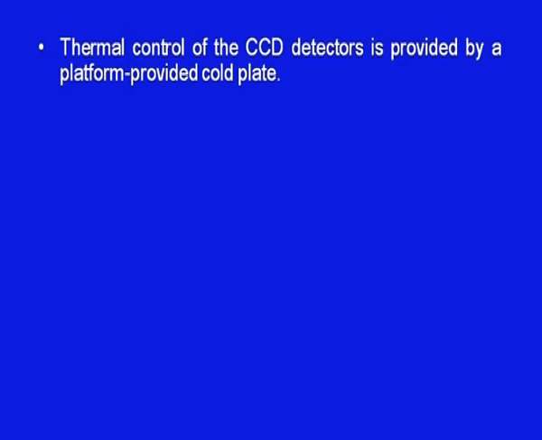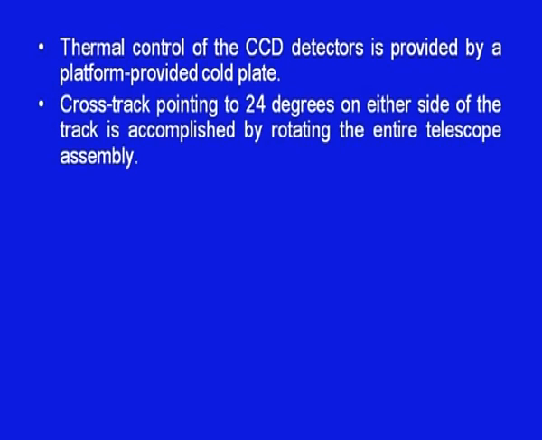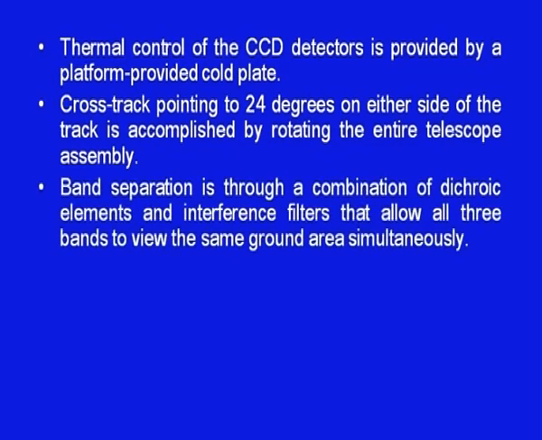The thermal control of the CCD detectors is provided by a platform provided cold plate. Across track pointing up to 24 degrees on either side of the track is accomplished by rotating the entire telescope assembly. Band separation is through a combination of dichroic elements and interference filters that allow all 3 bands to view the same ground area simultaneously.